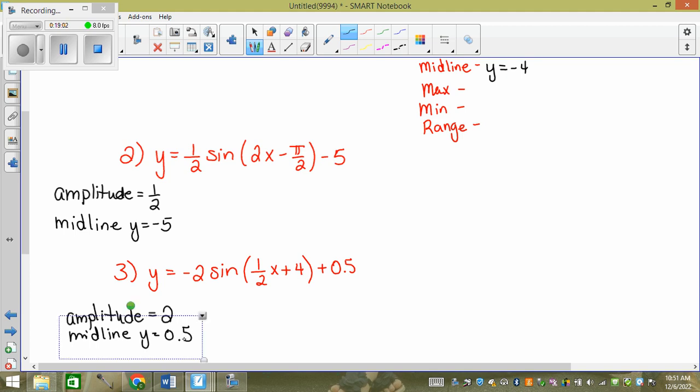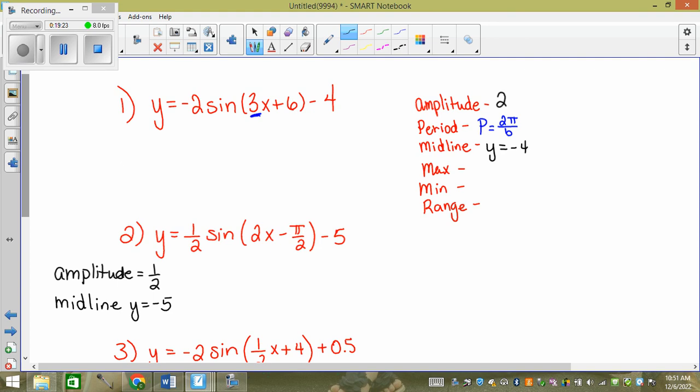Did you know, fun fact, that your amplitude and your midline get you your max and your min without having to type this into your calculator at all? If I take the midline and add my amplitude, I'll get the maximum. If I subtract my amplitude, I'll get the minimum. This one has a midline at y equals -4.